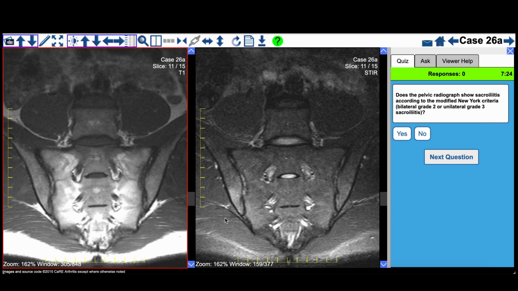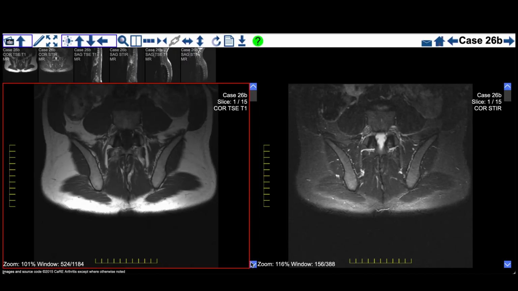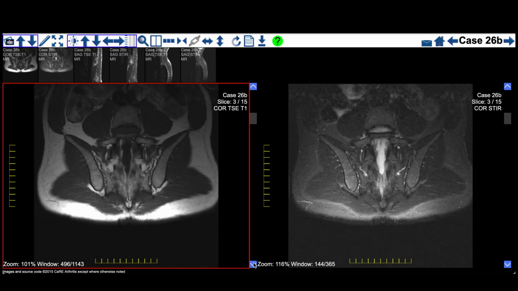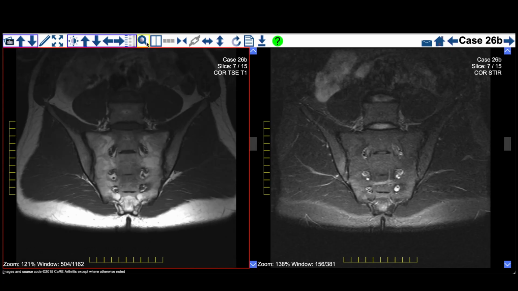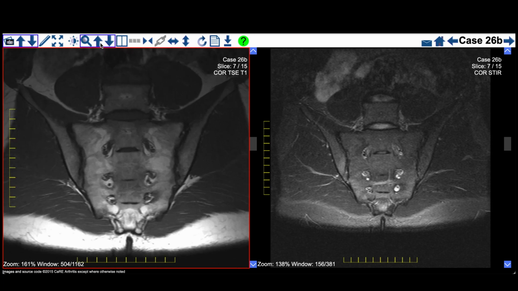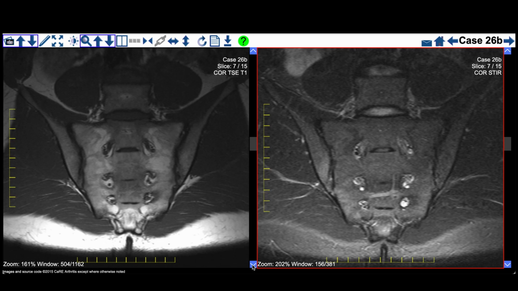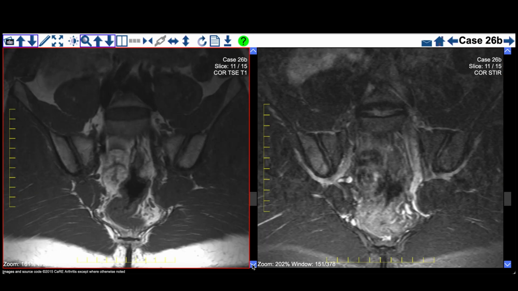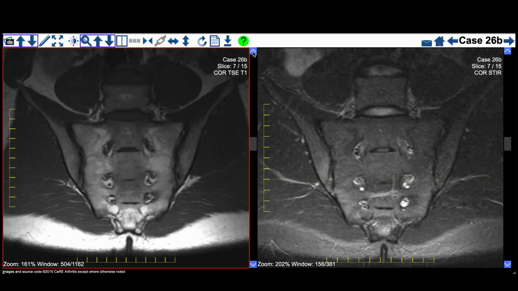He started on a biologic. He feels very well. He comes back to have his MRI scan repeated. This is not necessary, but it was done as part of a research protocol. And what we see is that there is indeed disappearance of his bone marrow edema as we scroll from front to back.